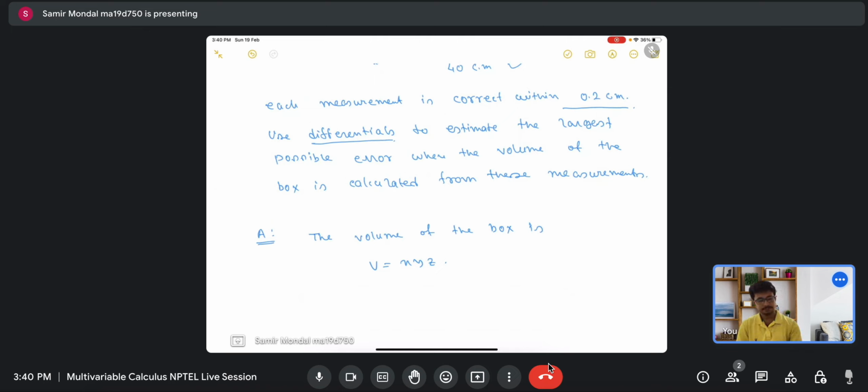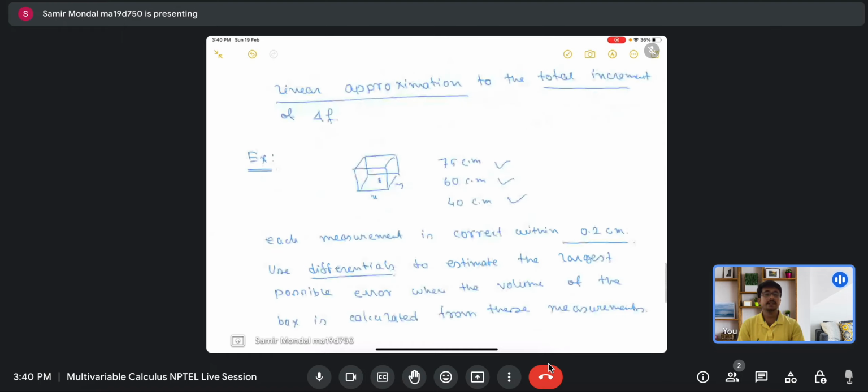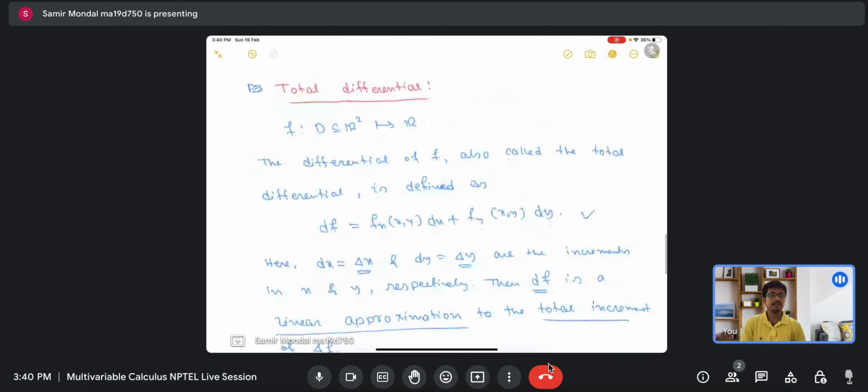This concept we can generalize for higher variables also.